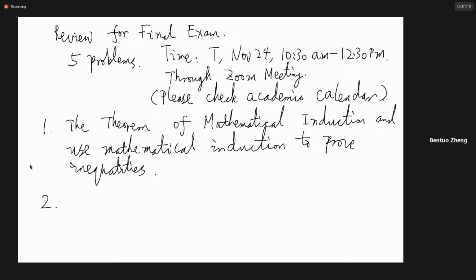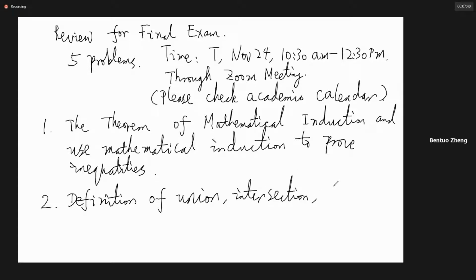So the second problem would be about definition of union, intersection, complement of sets.